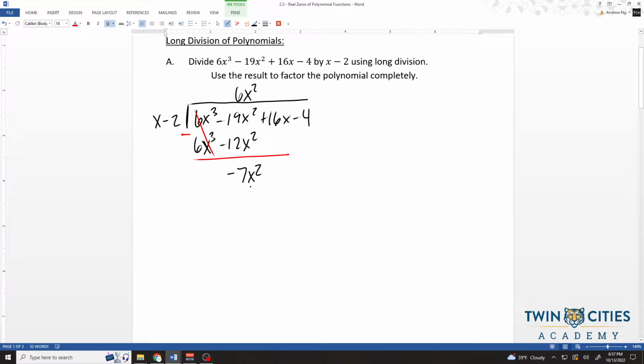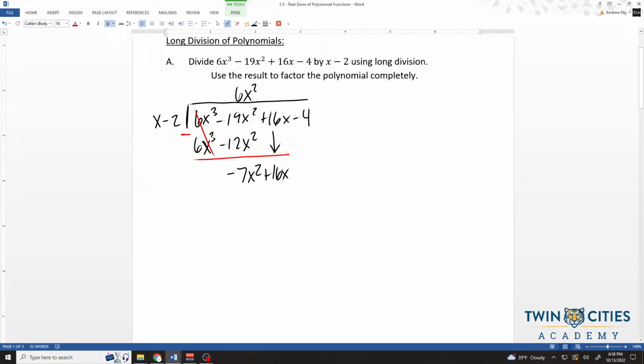Next, I've got one term here. I'm dividing by 2 terms. I want to bring down the 16x here. Then I'm going to repeat back to this first step. Take the first term on the inside, divide by the first term on the outside. Well, the first term on the inside now is negative 7x squared.